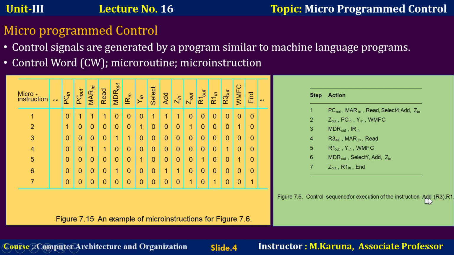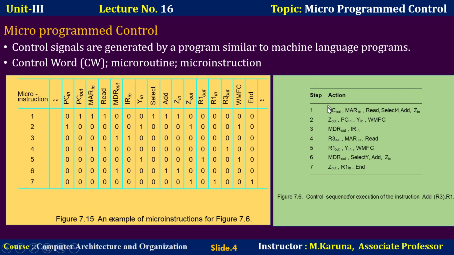To perform this instruction, these control signals are required. We saw in the last video how these control signals are generated with the help of a hardware circuit. In this video, we will concentrate on how they are generated with the help of a microprogram. The same sequence of steps is used in this example for the microprogrammed control topic.